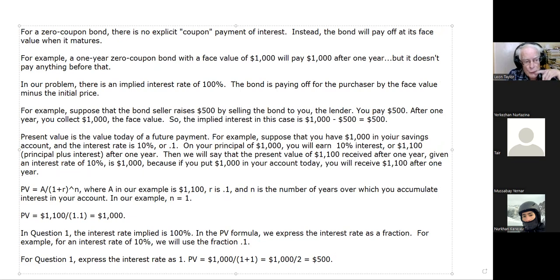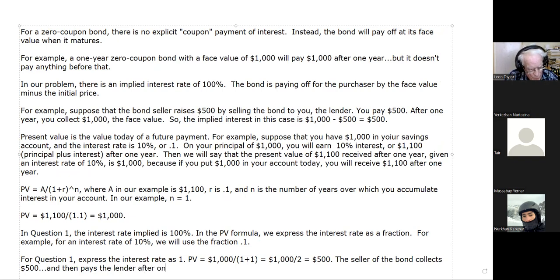Okay, so this is an interesting result because the seller of the bond collects $500 and then pays the lender after 1 year the face value of $1,000. So in this case, present value is the initial price of the zero coupon bond.